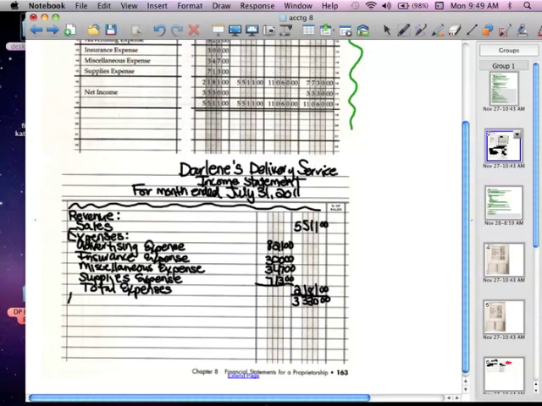So you're going to write net income over to the side. Last, before we double rule, you need to look up at the worksheet. Did we get the same net income on the worksheet as on our income statement? If they are the same, then you know your information is correct and you may double rule. We got 3,330, right? The same. So now you can double rule, and you double rule across both columns.